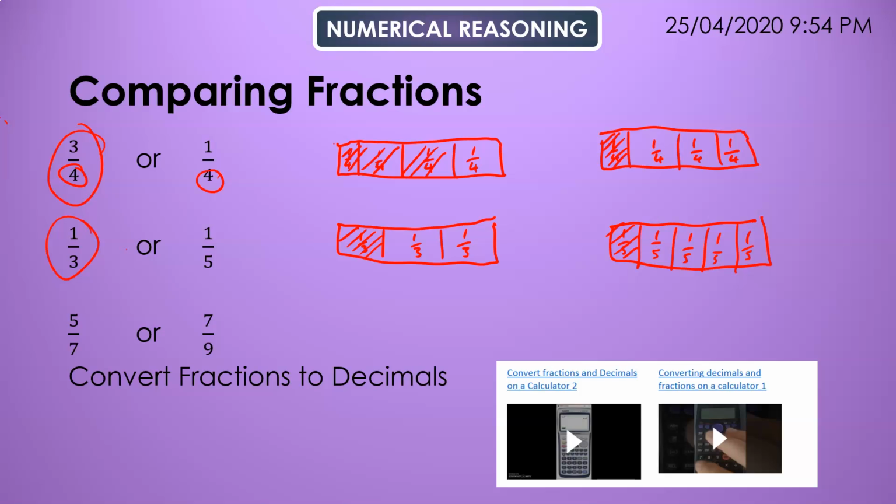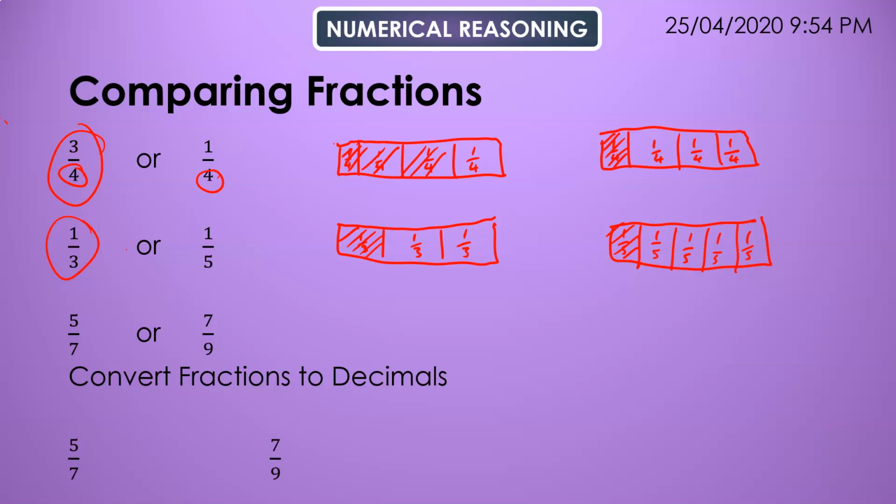So hold on for that. So going back to the question, looking at 5/7 and 7/9, what we can do is we can go 5 divided by 7, which gives us 0.7143. So if you want to, you can try that on your calculator now. Make sure you get that. So just 5 divided by 7. And likewise with 7/9, you could just go 7 divided by 9, which gives you 0.778.